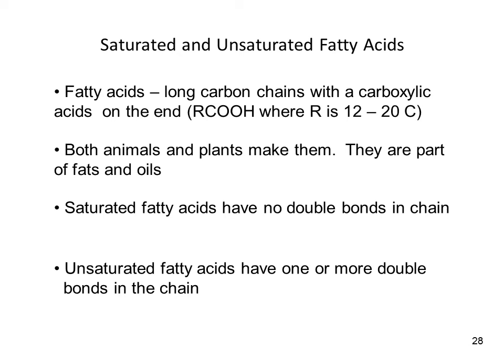When we have unsaturated fatty acids, then we have a carbon-carbon double bond somewhere in that chain, and sometimes there's more than one. If it's a single double bond in the chain, we call it a monounsaturated fatty acid. And if there's more than one double bond, well, then we call it a polyunsaturated fatty acid.